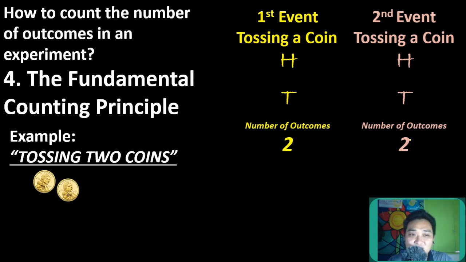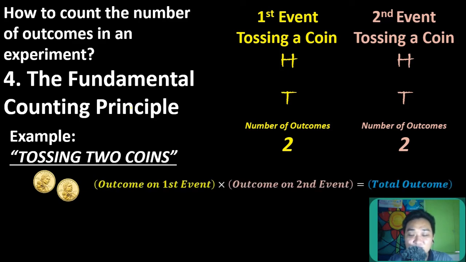So in this second event, we also have two outcomes, and according to the fundamental counting principle, all we have to do for us to determine the total possible outcomes in an experiment is to multiply the number of outcomes on the first event and the number of outcomes on the second event. Teacher, paano halimbawa kung marami tayong event?